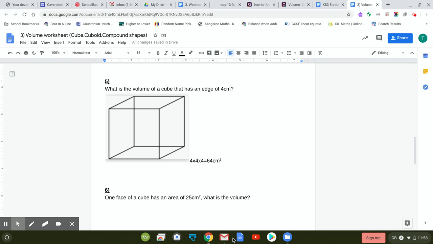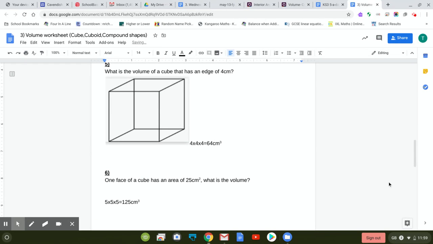So that must be 5. To get the volume of the whole cube, it's 5 times 5 times 5, and that's equal to 125 centimeters cubed. So this had given you the area and you had to work out the volume.